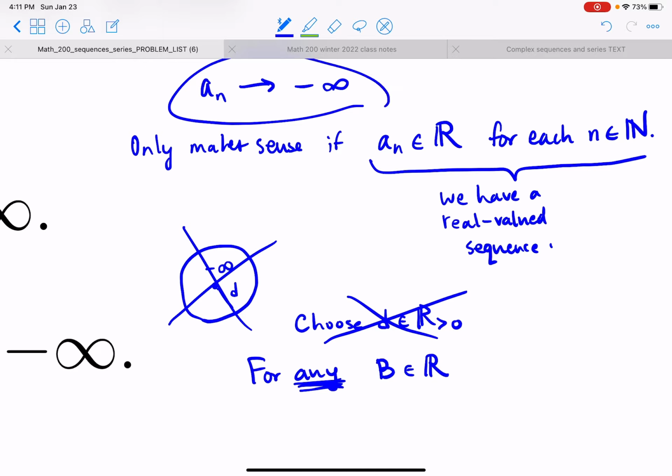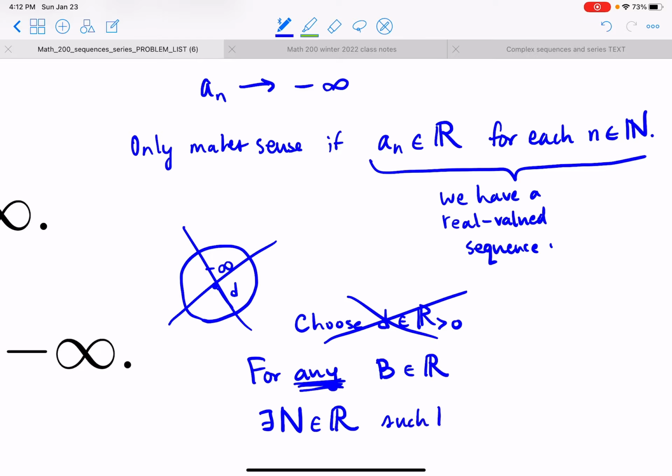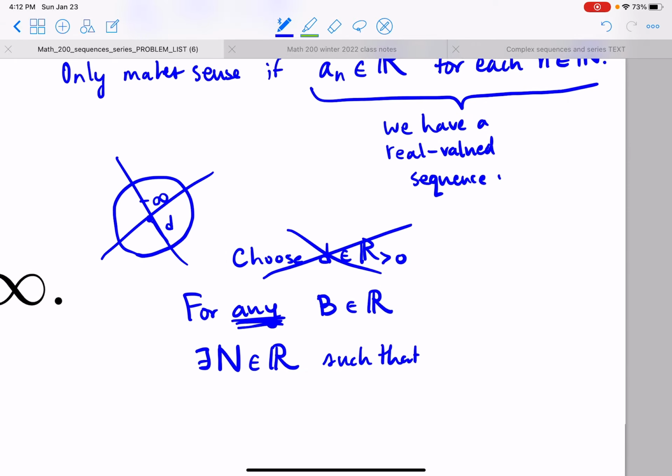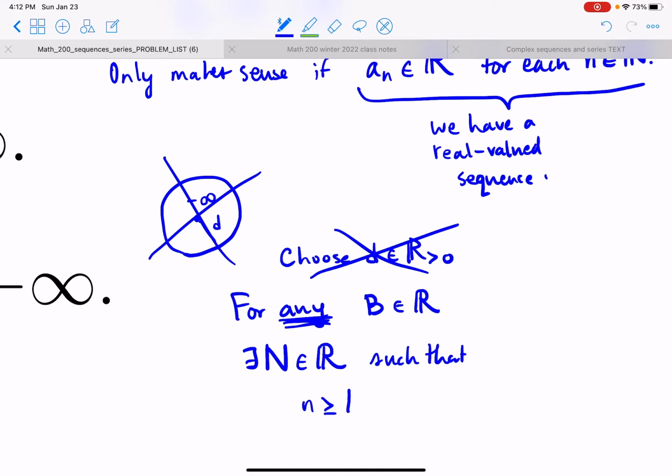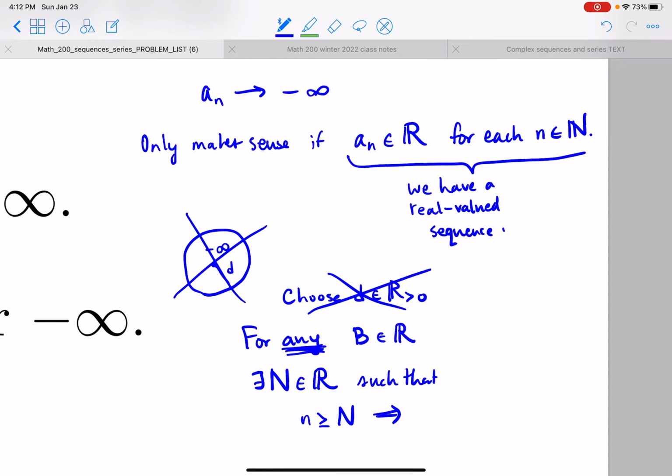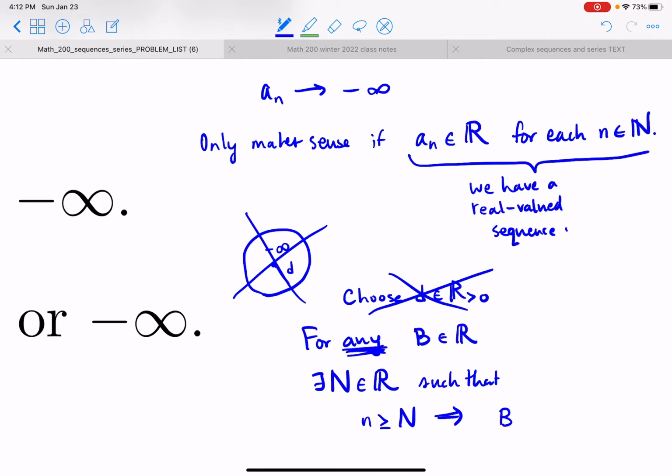So this symbol means that for any real number, there exists a cutoff value such that past that cutoff value, everything is close to negative infinity, so then the a sub n's would be less than b.